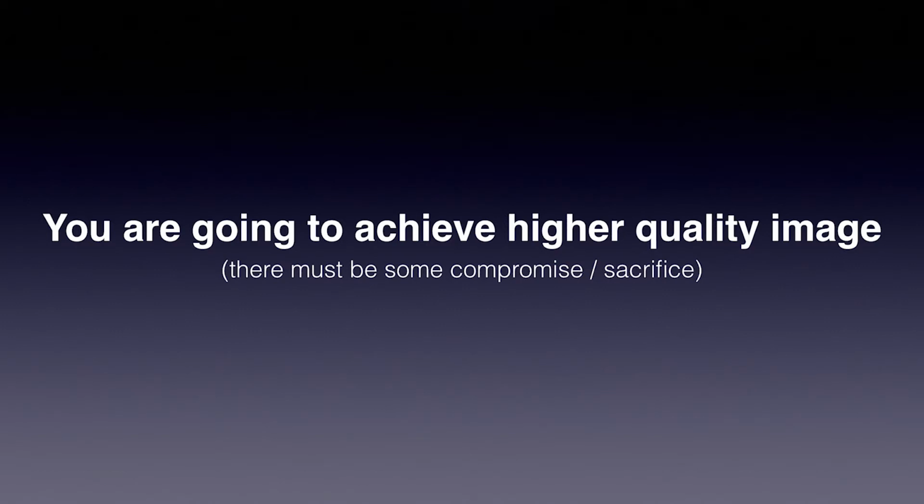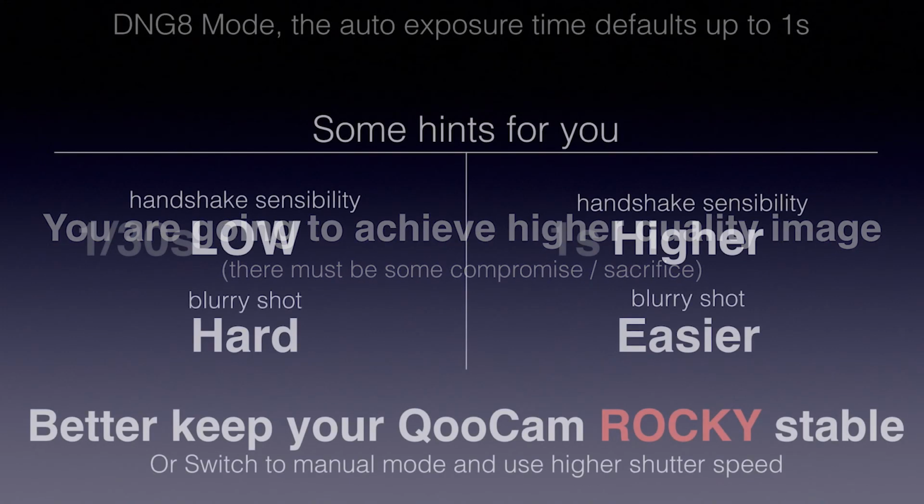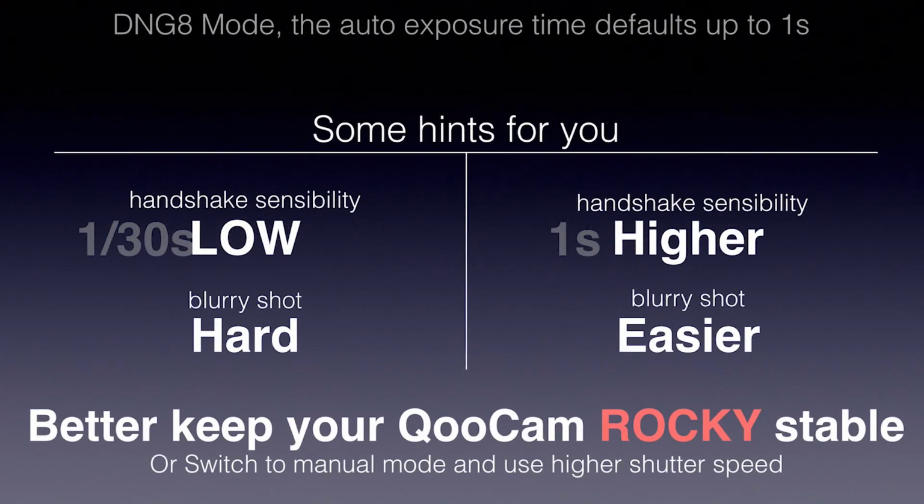But you have to see that there must be some compromise, and you have to make some sacrifice. You can't always get higher imaging quality without any compromise, right? You lose some possibilities, in fact, as I explain and give you some hints. You can see that after the firmware upgrade, the exposure time limitation has been changed to 1 second.